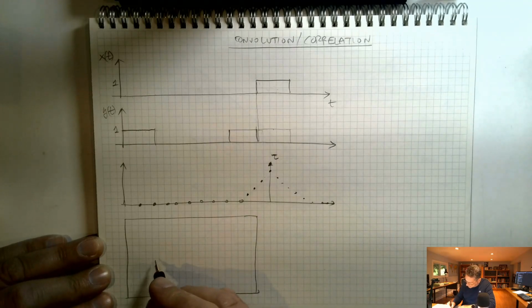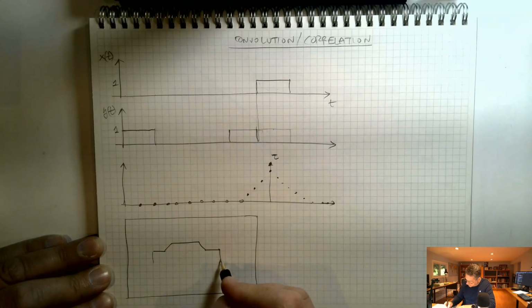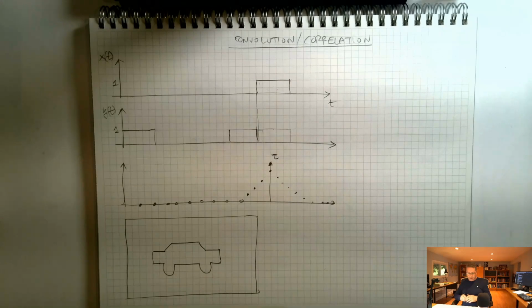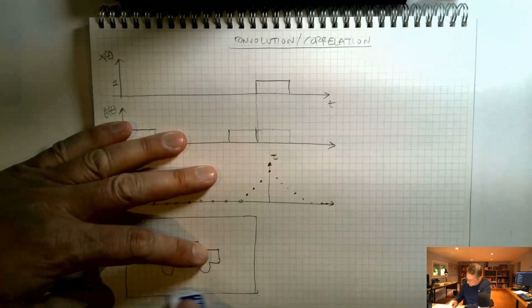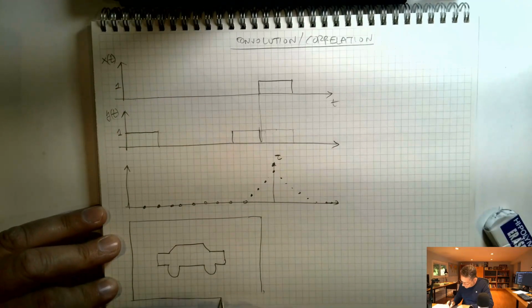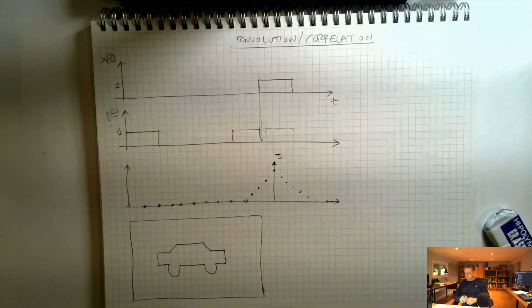And here I have right in the middle a taxi. All right, and I ask you exactly the same question: how can we potentially detect this taxi in this image?